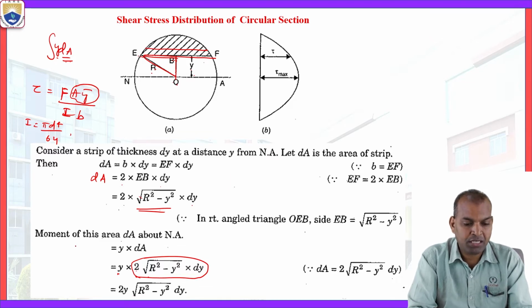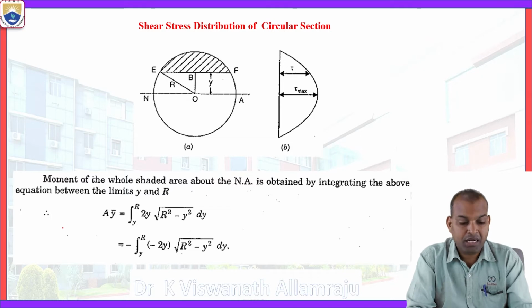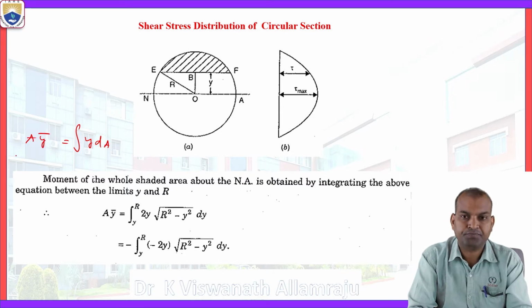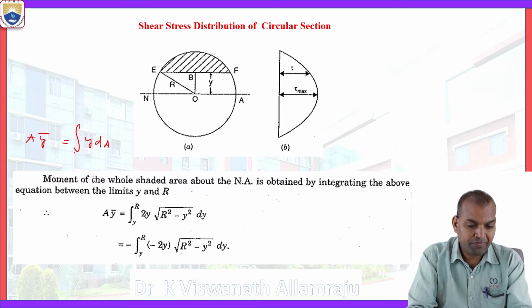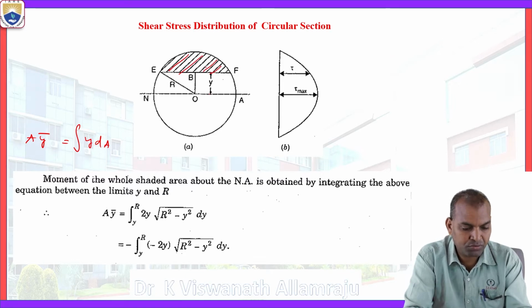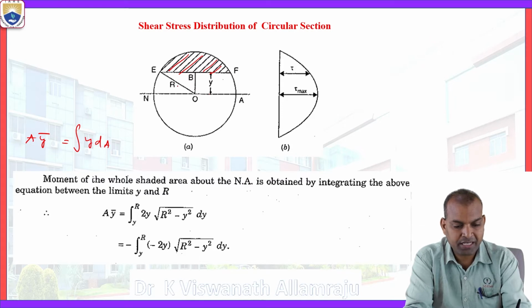We want the total area, so we integrate. The integral of y dA is nothing but A y bar. We have to integrate from y to R, the total distance, which is the radius.